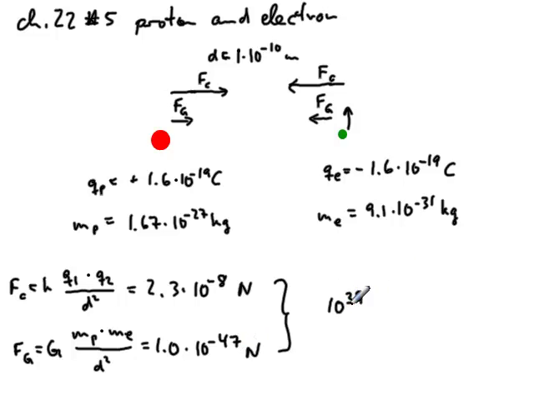If you write out this number, it would be a 1 with 39 zeros behind it. That's how much larger the Coulomb force is than the gravitational force, and that justifies that the gravitational force between the proton and the electron can be readily neglected compared to the electrostatic attraction.